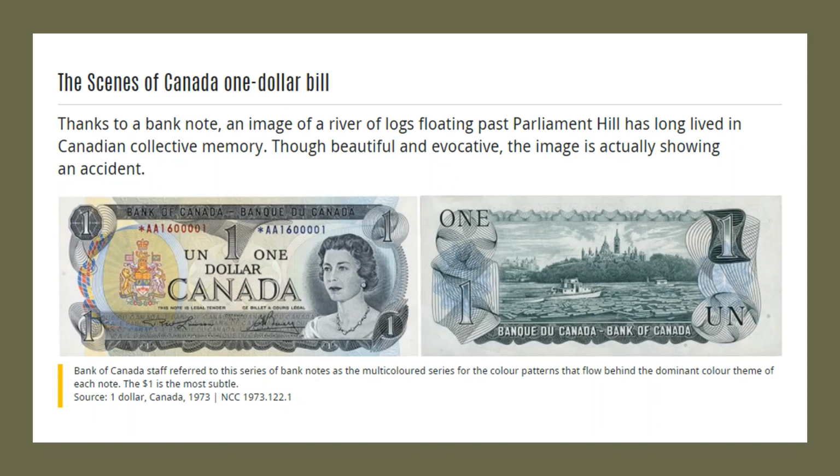So you see the front and the back of the note, and this is the image of the tugboat, the broken log jam, and the Parliament buildings in the back, and it says this image is long lived in Canadian collective memory, and the image is actually showing an accident, but still pretty impressive imagery.